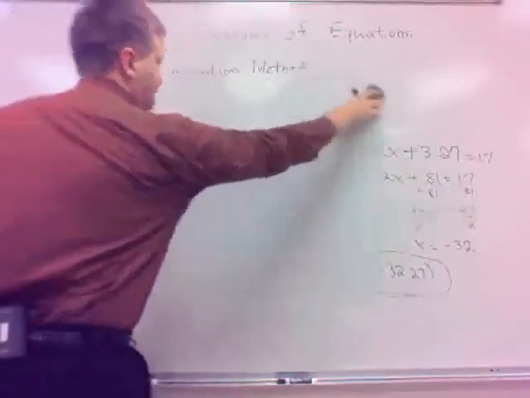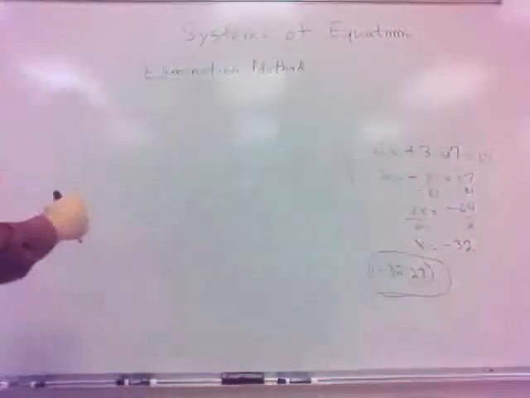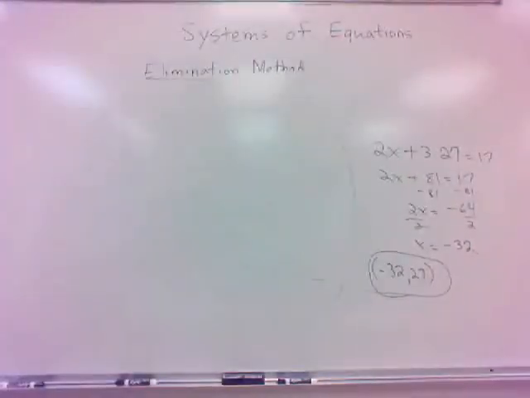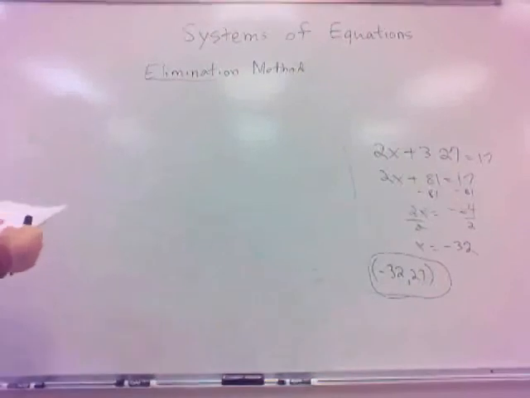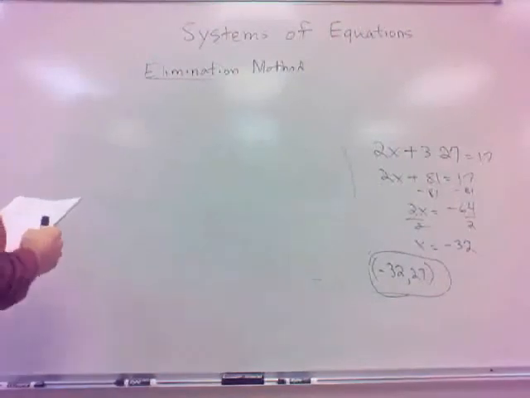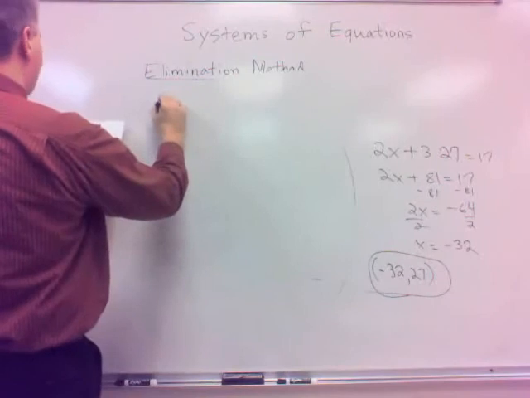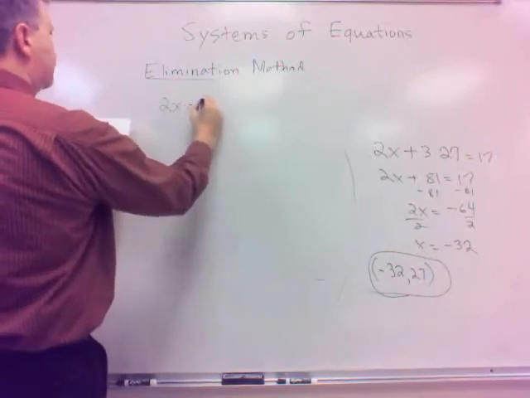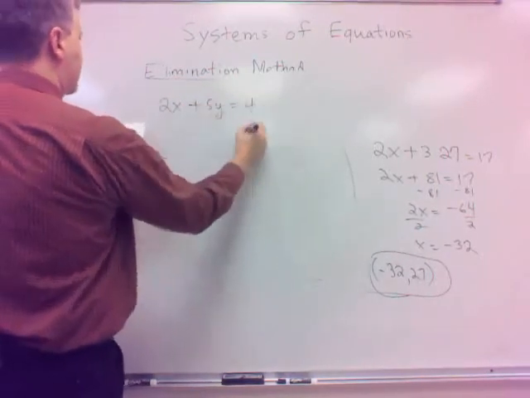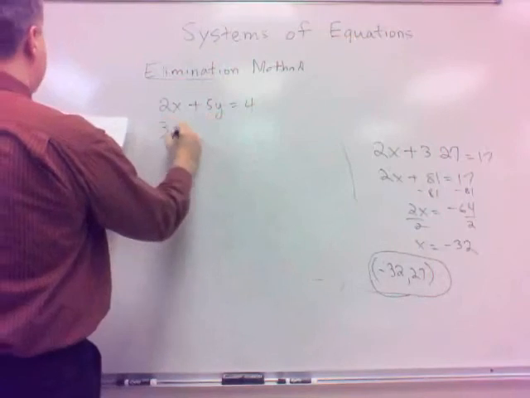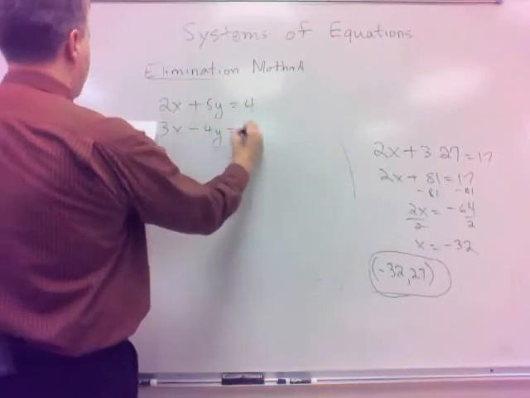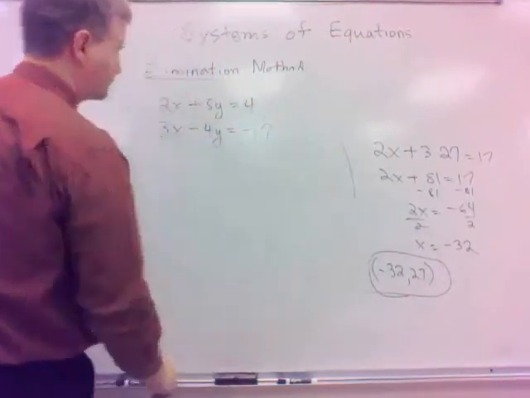All right. Here's another one for elimination. 2x plus 5y equals 4, and 3x minus 4y equals negative 17.